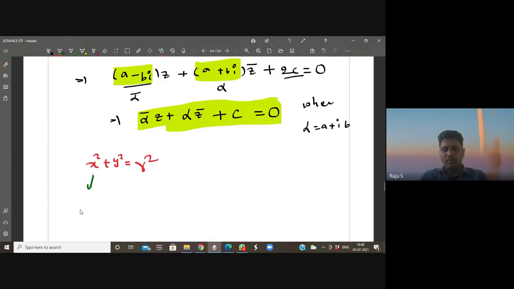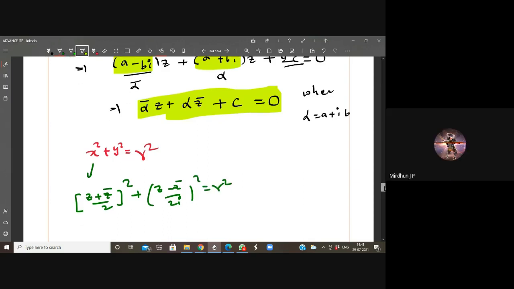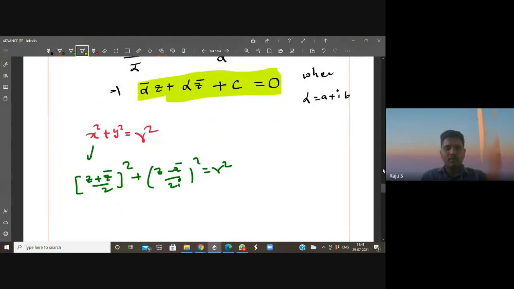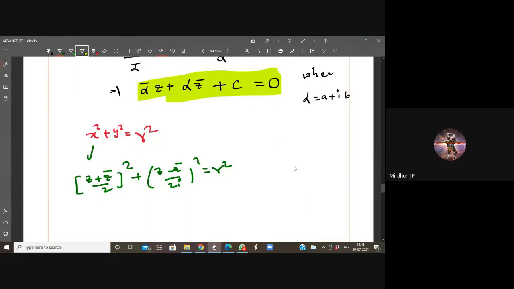So by substituting the x value again, we know that z plus z conjugate by 2 whole square plus z minus z conjugate by 2 iota whole square is equal to r square.